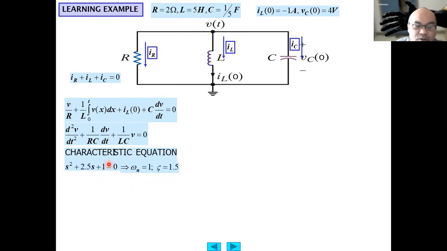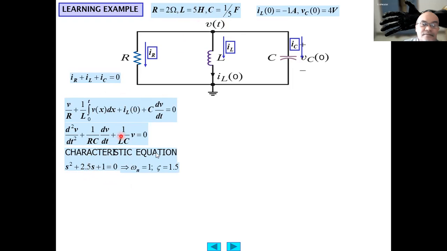From here we obtain omega n equal to 1. Then 2 zeta omega n equals 2.5. Omega n equals 1, so 2 zeta equals 2.5, and zeta equals 2.5 divided by 2.